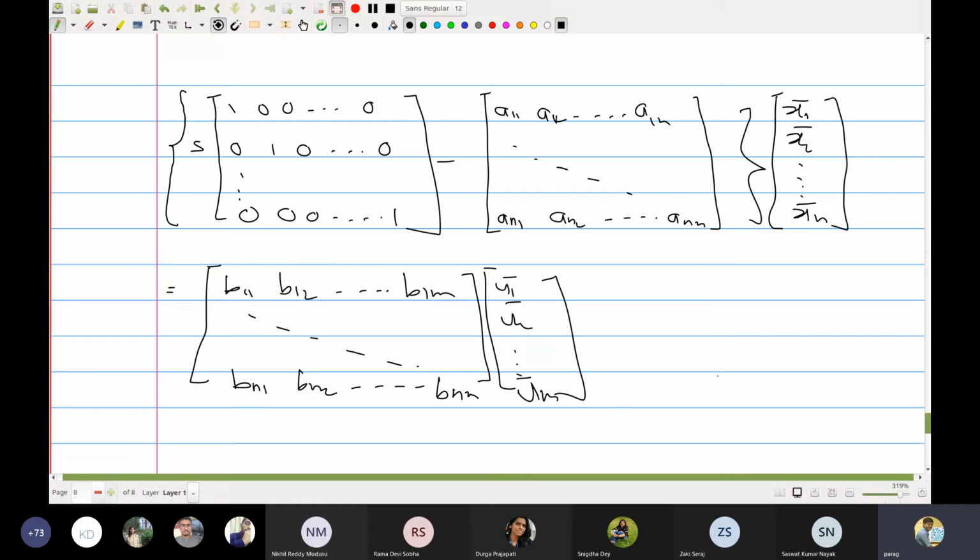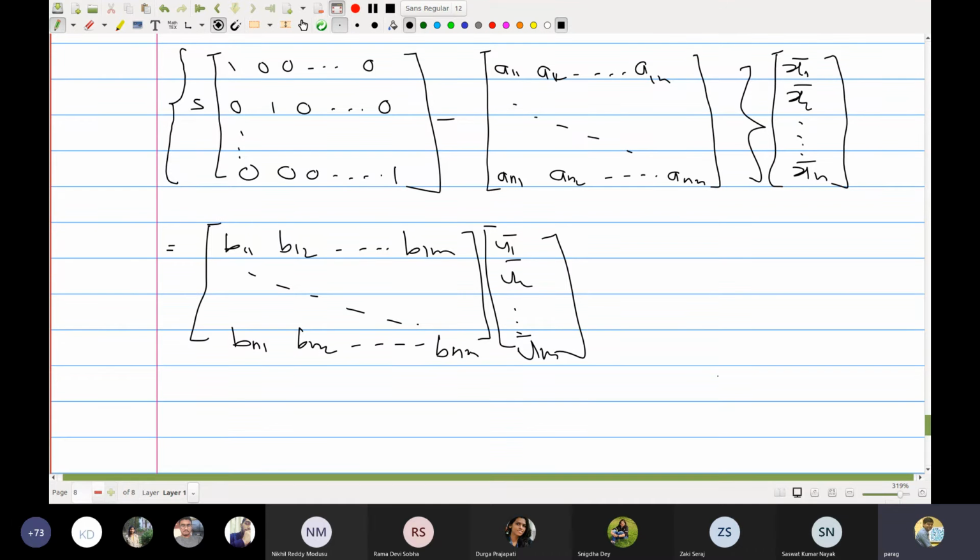We have converted this into a matrix equation which can be written as sI minus A, where I is the identity matrix, multiplying the X bar vector, equals B times the U vector, right?